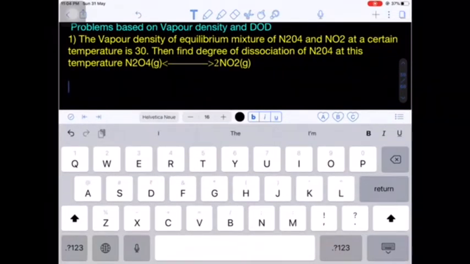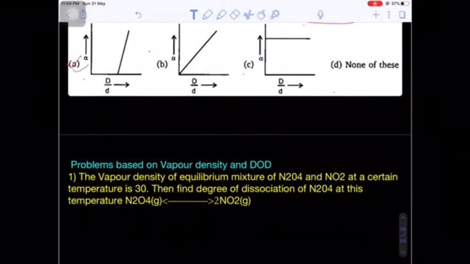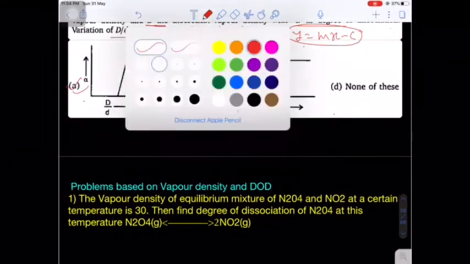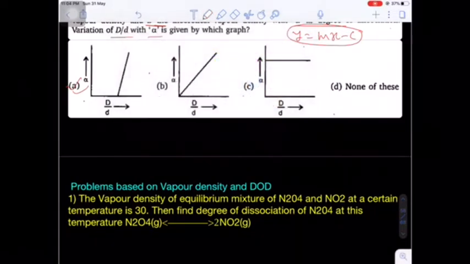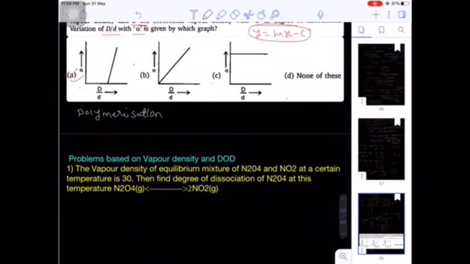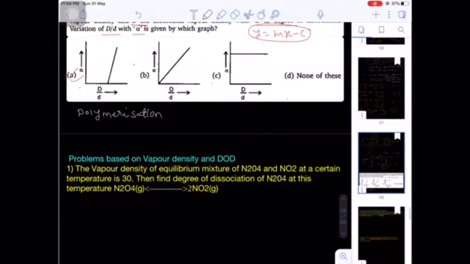To calculate the degree of association, which is also known as polymerization.